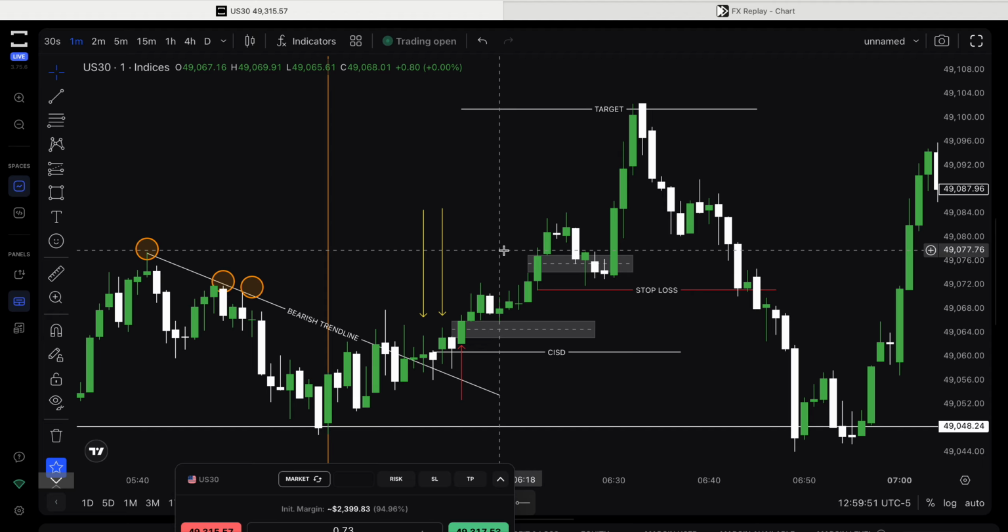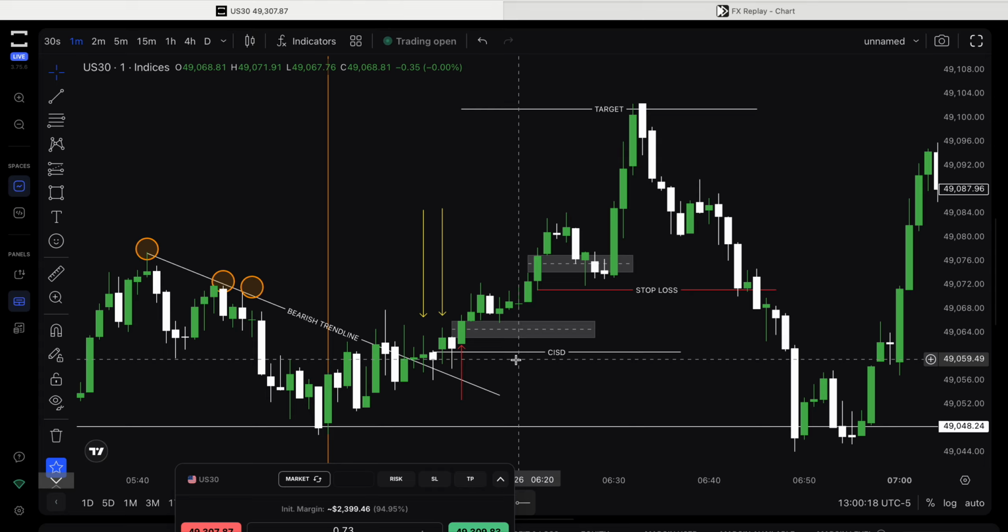But like I said, extra confirmation would have been right here when price broke out above this change in state of delivery, which is basically an order block. So I guess you could say that's another form of entry. If it's not a fair value gap after the price breakout, I would like to see a change in state of delivery.